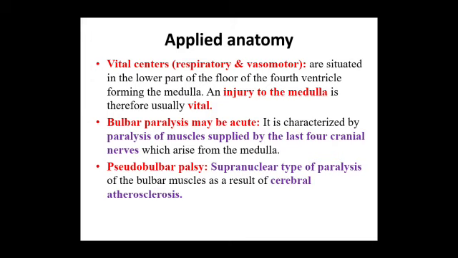Bulbar paralysis may be acute. It is characterized by paralysis of muscles supplied by the last four cranial nerves which arise in the medulla. Pseudobulbar palsy is a supranuclear type of paralysis of the bulbar muscles as a result of cerebral atherosclerosis.